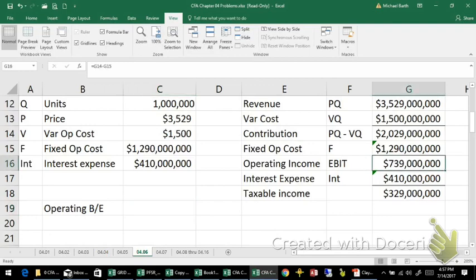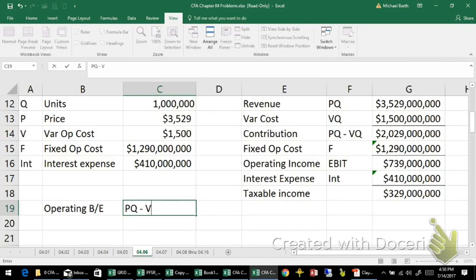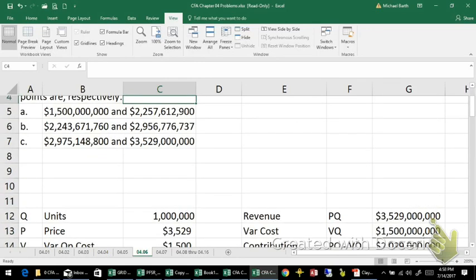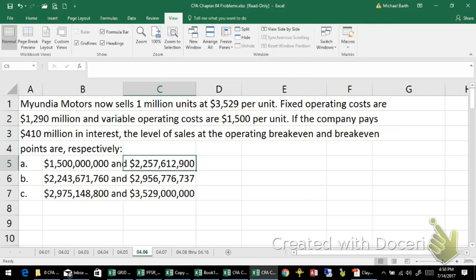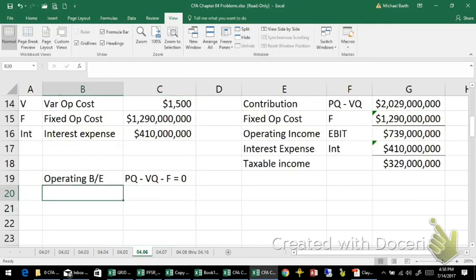So break even means I didn't make a profit, didn't make any loss, I broke even. So at the point where PQ minus VQ minus F equals zero, that's your operating break even. And the question is also asking us for the net income break even, basically. Now, if we got the taxable income of zero, the tax on that would be zero, so net income would be zero.